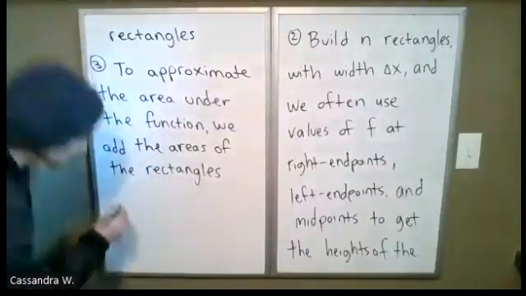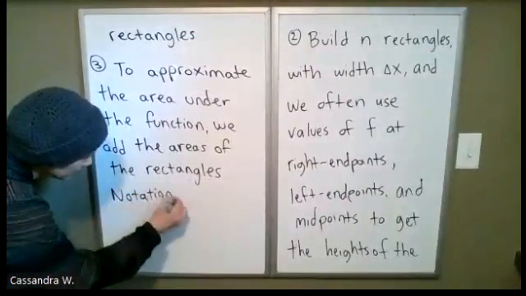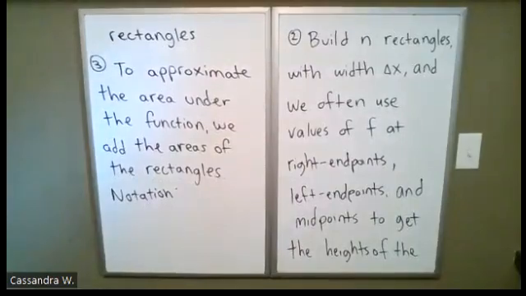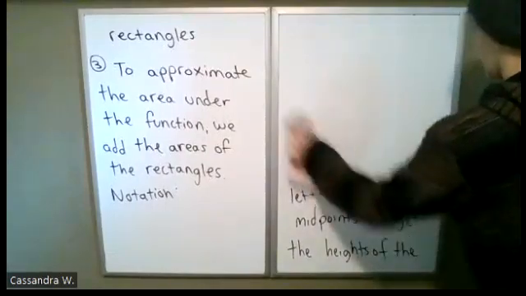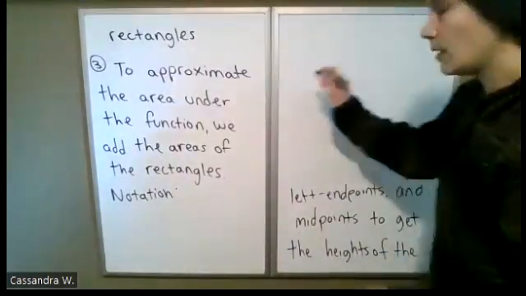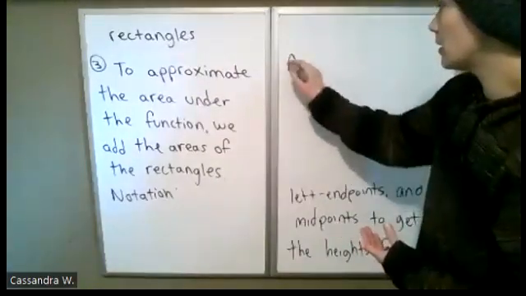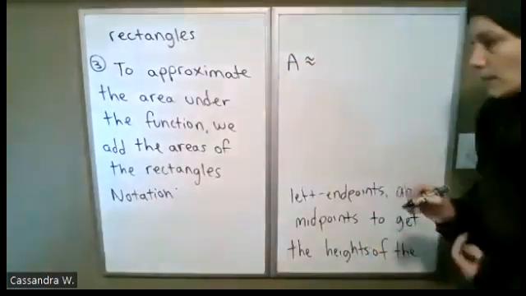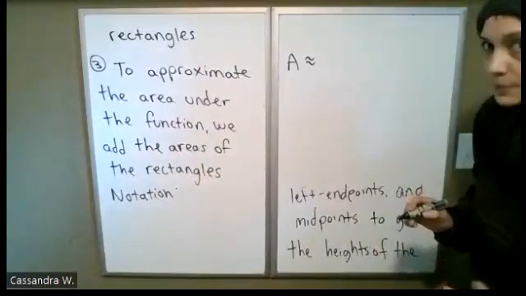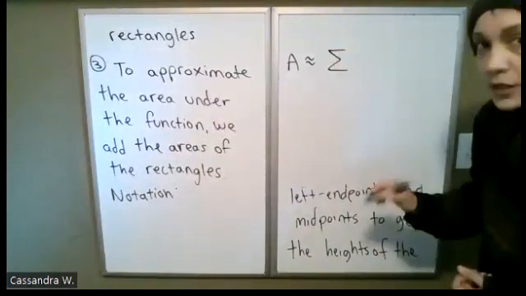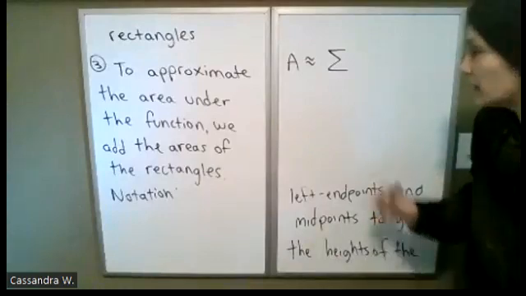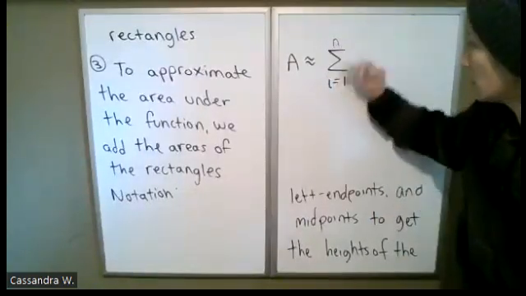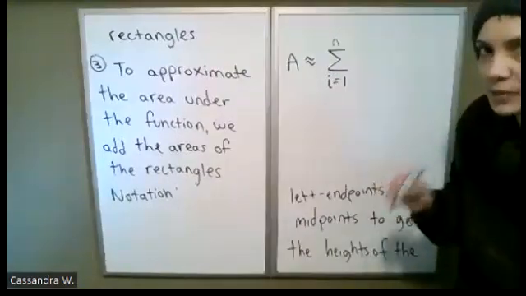Okay, here's the notation. Your area is approximately the sum, going from i equal to 1 up to n, of f of x sub i, and we're going to put a star.